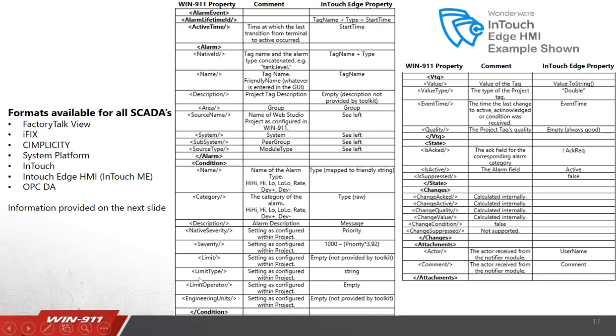So you could utilize that to say, well, if the limit type is floating point, then maybe I want to spit out the limit formatted to 2 decimal places. The limit operator in that case would be greater than. And in the case of InTouch Edge HMI, that actually does not come across, but many SCADA packages do provide us with both the limit operator and engineering units.